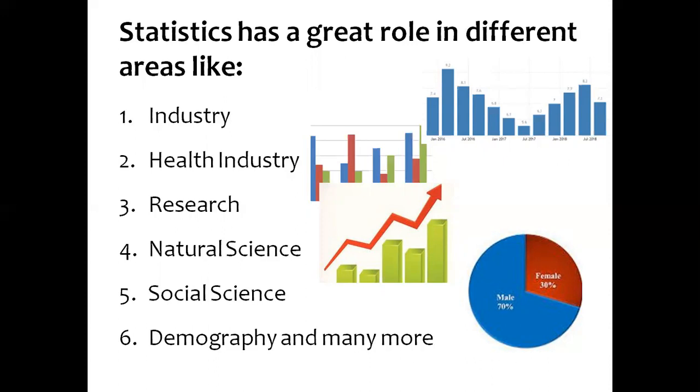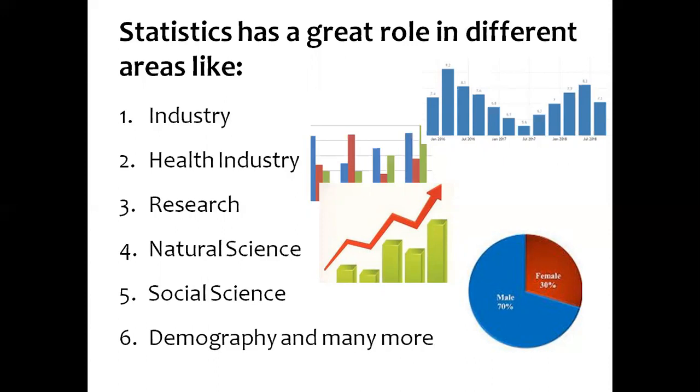And in research, we use statistics to understand a particular problem under different conditions, to determine whether the research is going in the right way or not. In social science, statistics is used to determine the reliability or the validity of the hypothesis they're choosing.